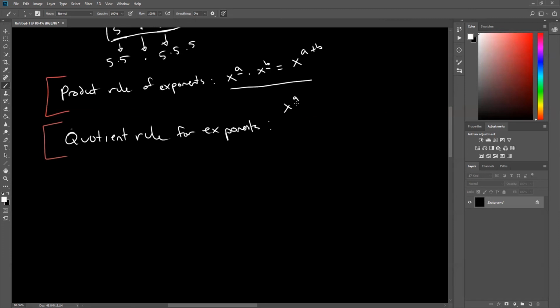Take a guess. If we have x to the a over x to the b, what do you think it equals? So x to the a minus b? Exactly. Yeah, you got it. Perfect. x to the a minus b.